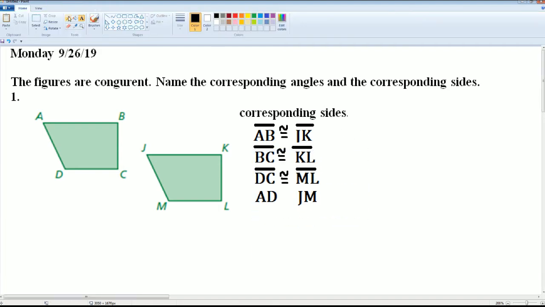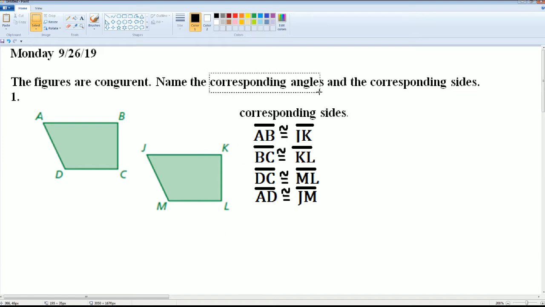Those are corresponding. There you go. So AD is congruent to JM. They're corresponding. Good. These are all the corresponding sides.